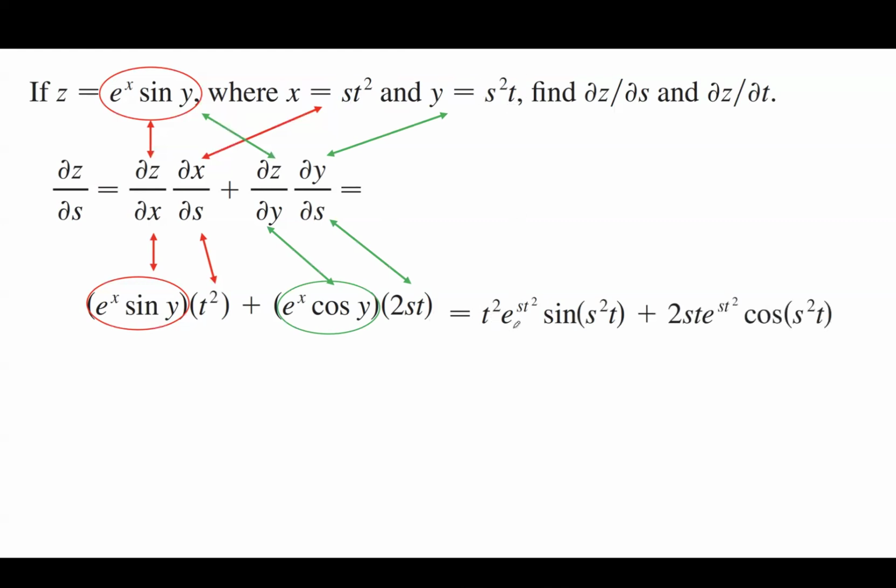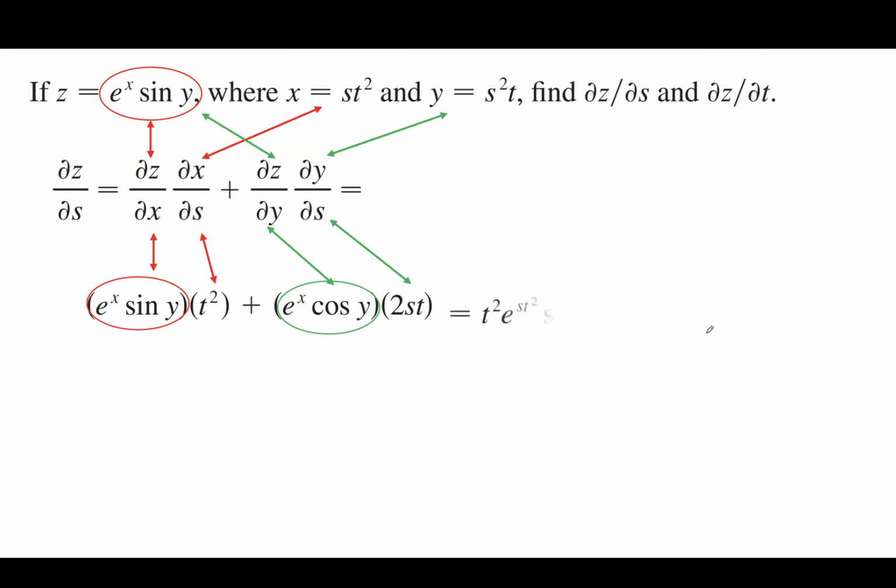So that's how you end up with t squared times e to the power st squared times sine of s squared t, plus 2st times e to the power st squared times cosine of s squared t. So our partial derivative of z with respect to s only depends on s and t. There is no x and y anymore.